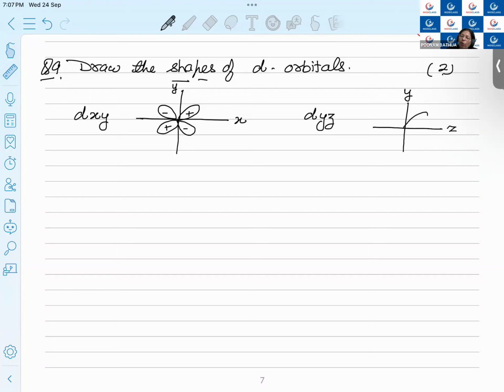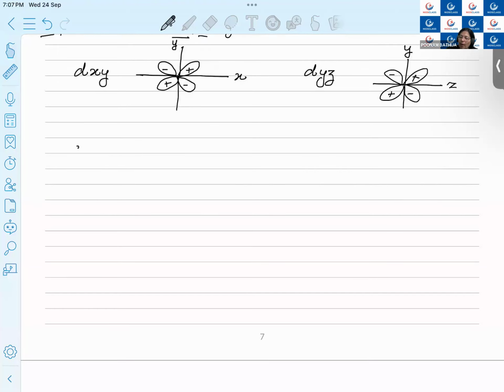In the same manner, we will draw it. Plus, minus. And the third one is dxz. What we will do in the same manner we will do, but yes, marking will matter. X and then Z. Okay? Draw it, and then mark it.